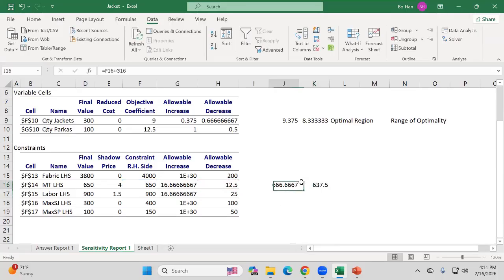What does this mean? This means if the RHS value for the second constraint changes from 666 to 638, the shadow price for the second constraint remains 4. And we call this range the feasible region.